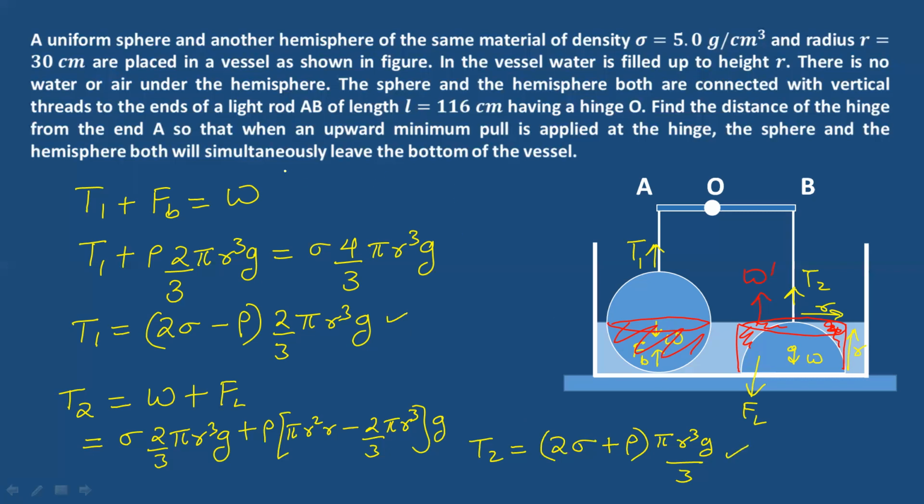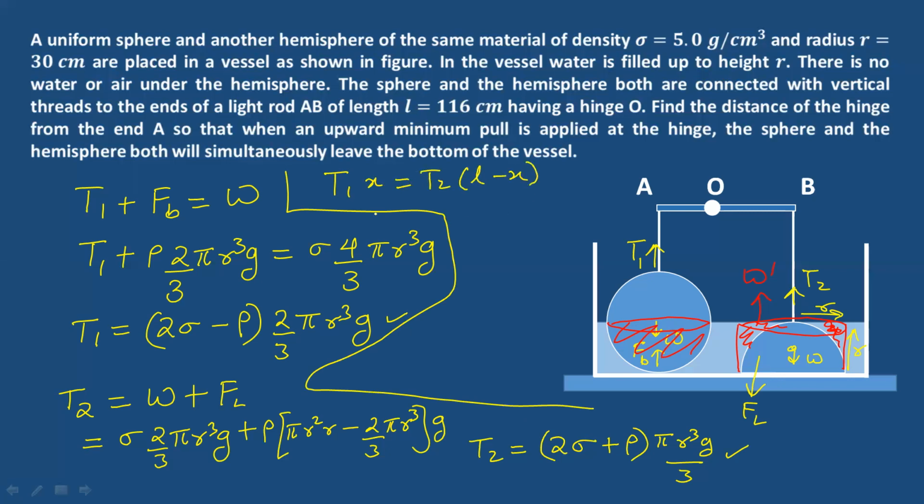So going back to our original equation, what we thought of solving, that is T1 times X equals T2 times L minus X. So if we solve that, just plug in these values, you could see that pi r cube g by 3 would get cancelled, and you would have (2 sigma minus rho) times 2, this 2 times X is equal to T2.